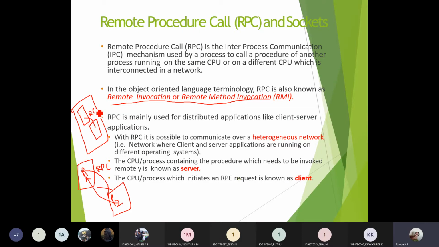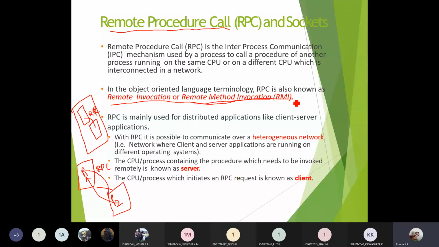So RPC can take care of the communication of data between processes running on different systems or different CPUs, and also two different processes on the same CPU, and it is also called remote invocation or remote method invocation. They can ask you to write a short note on RPC, or a short note on RMI, all these things.